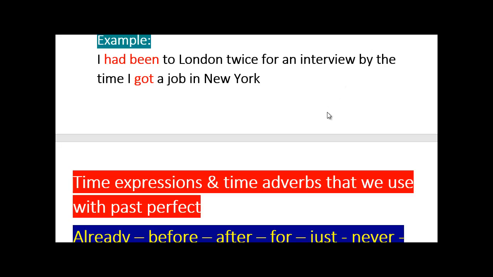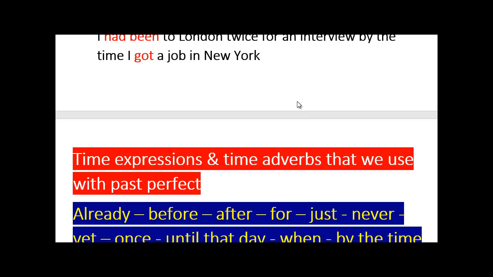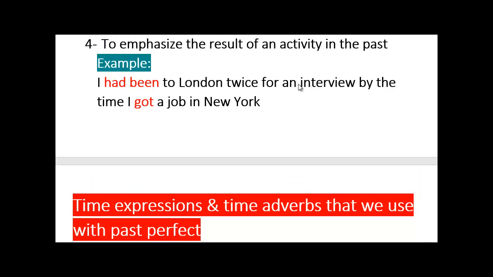When you hear continuous, you think of verb to be plus verb plus ing, whether in present or in the past: is and are and was and were and been in the past participle. And when you hear the word future, you think of shall or will. Always remember these keys, because these keys will help you get the right structure of the tense, and then use the time expressions to guide you to know when to use it.